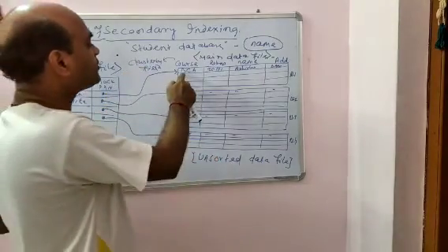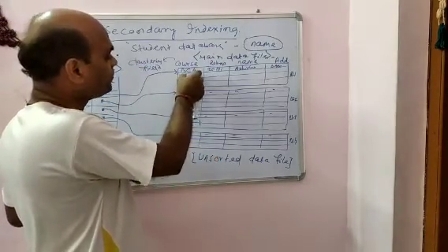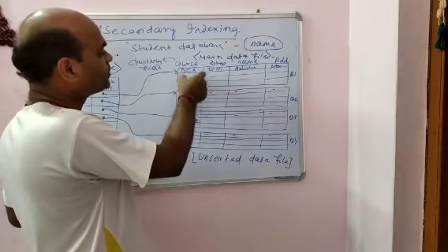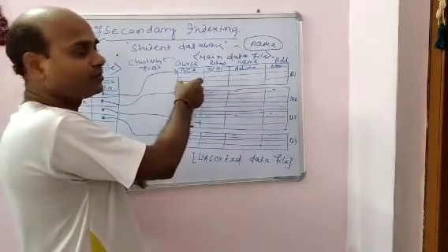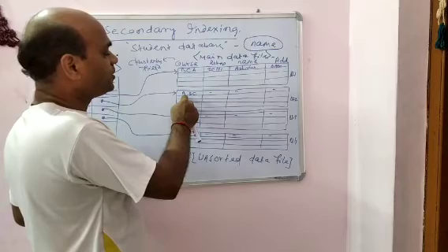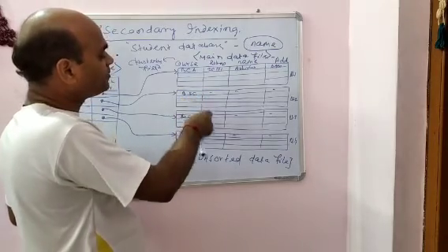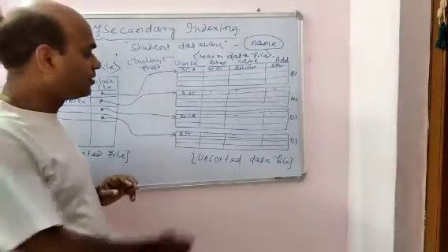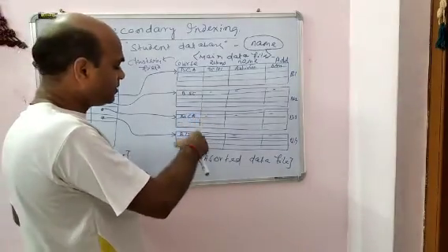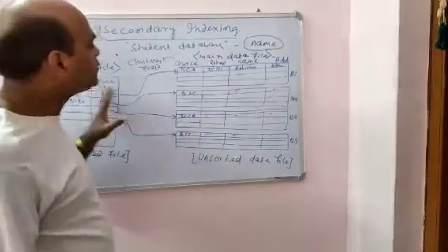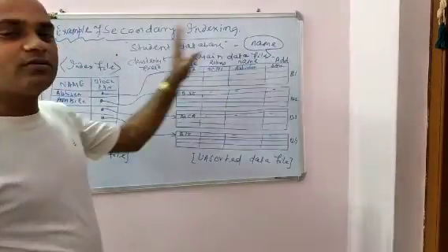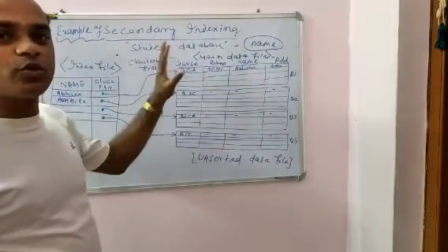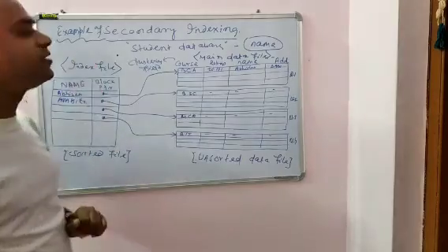So according to the cluster field, all BCA students will be stored alphabetically, then the BSc students again in ascending order, then MCA students, then BIT students. In this way all records are maintained, and we are maintaining the secondary indexing.